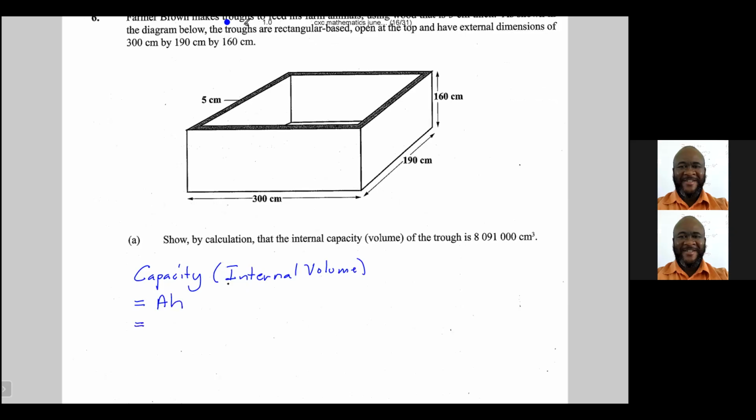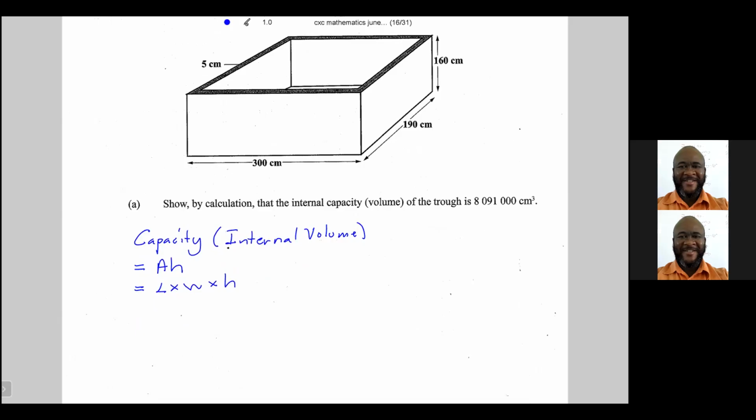So A is the area of the cross section, which is a rectangle, so it's length times width times height. Now, since it's the internal dimensions, the length would be 290.